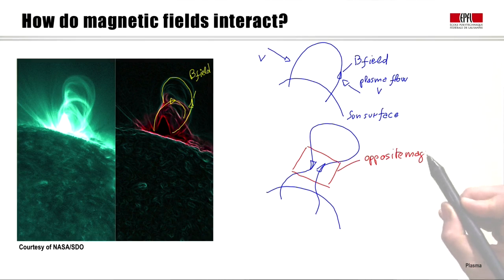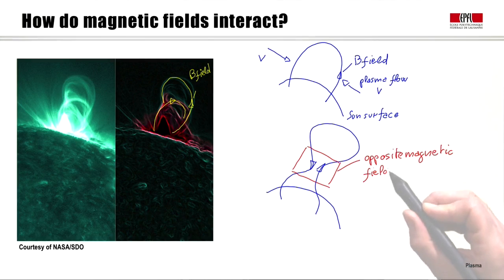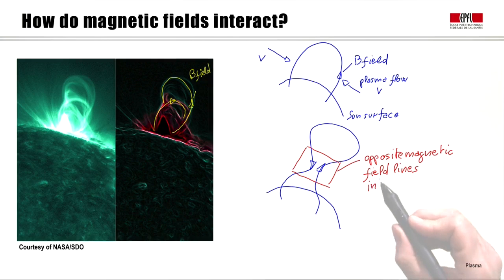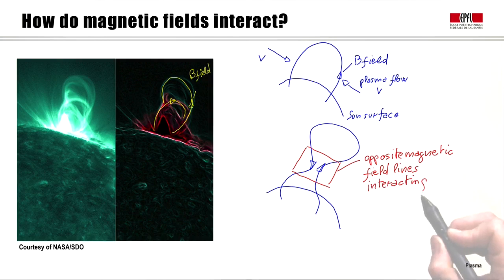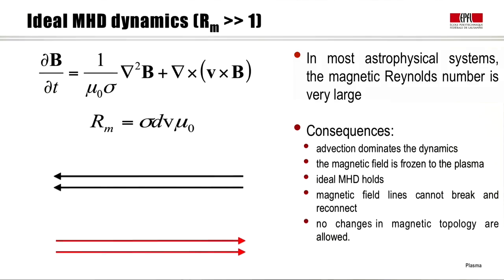In the following, we will see that magnetic reconnection is at the basis of the interaction of opposite directed field lines. To describe the interactions of magnetic fields, let's go back to the resistive MHD equations that you have seen in previous modules.